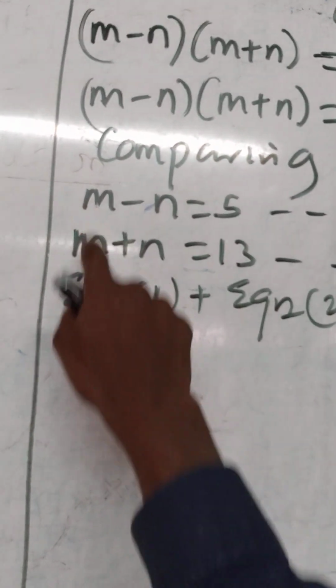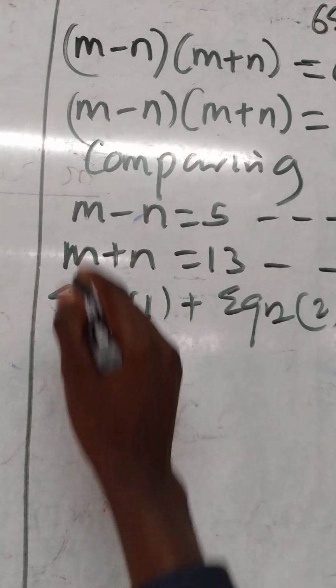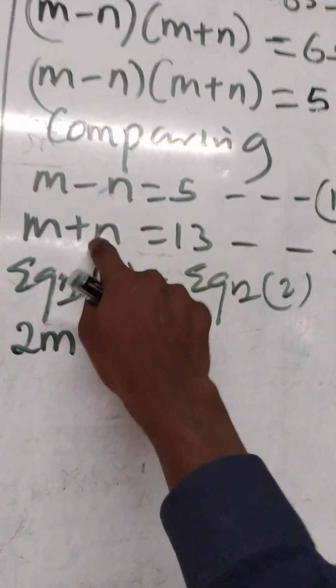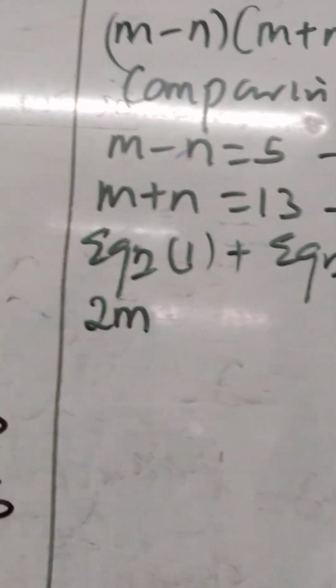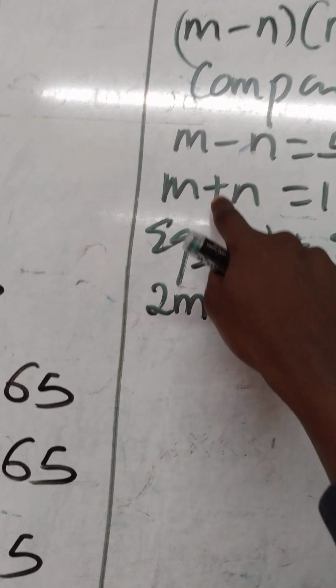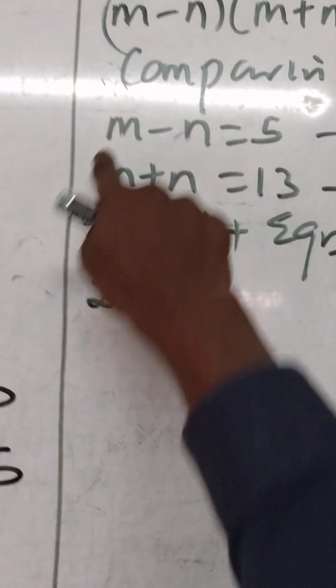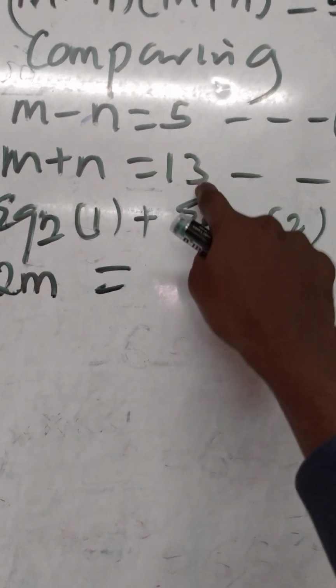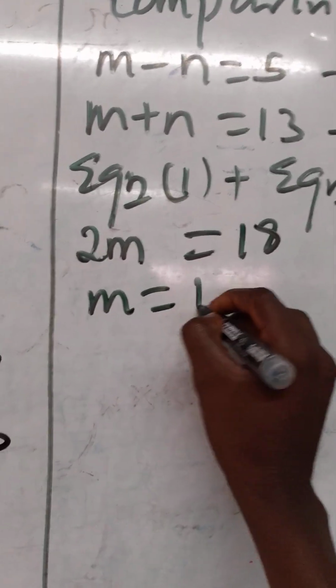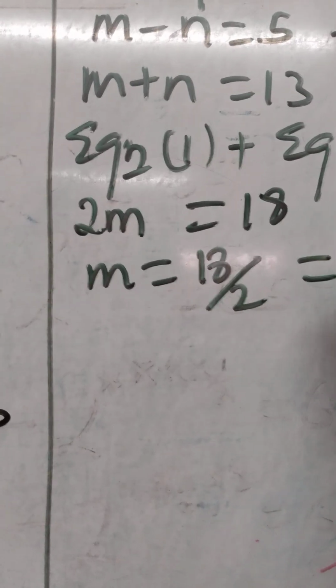So m plus m is 2m, minus n plus n is 0. 5 plus 13 gives me 18. So from there, m equals 18 over 2, which is 9.